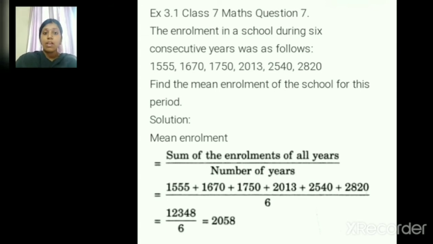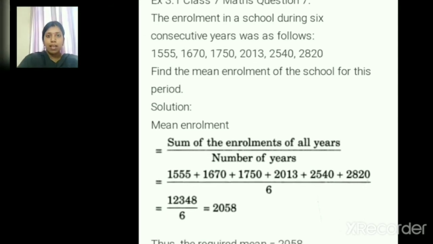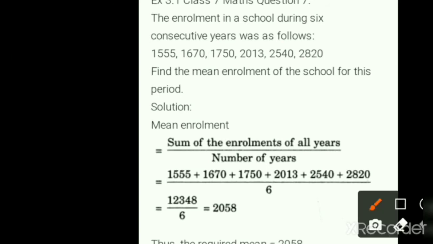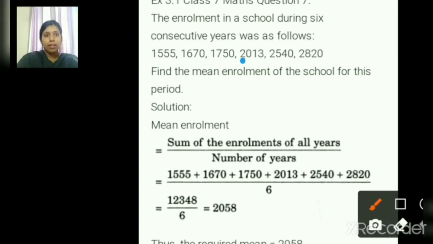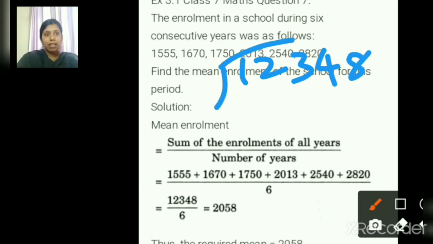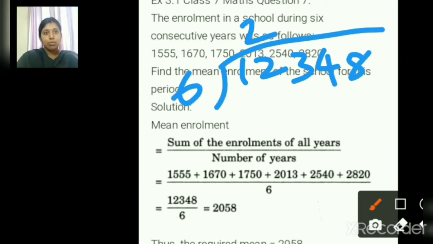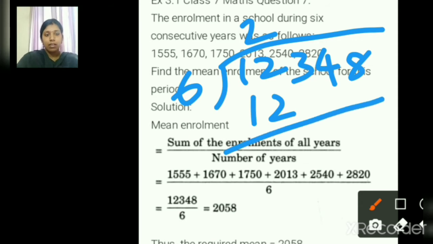Children, when you add all the numbers in the numerator, you get 12,348. 12,348 divided by 6. Now 6 2s are 12. Now we have to bring down this 3. 3 is not there in the 6 table, so again we have to bring down that 4.